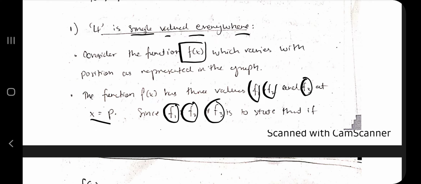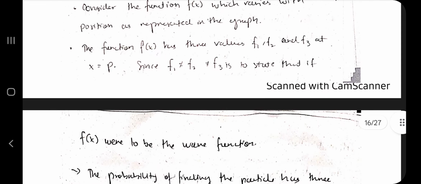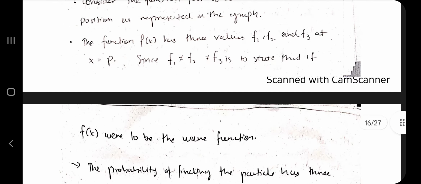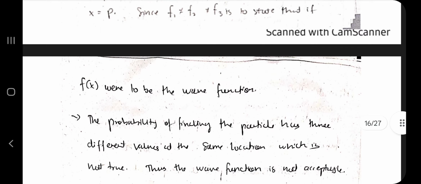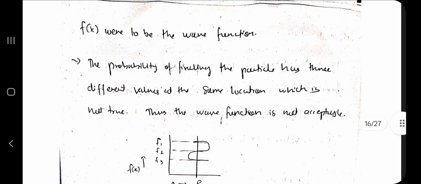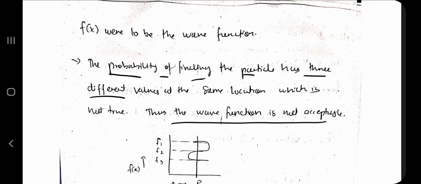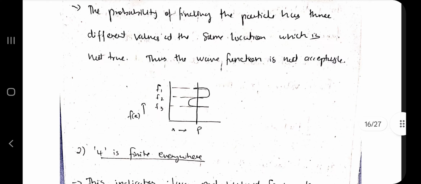These values should be the same, but they cannot be, because they are different. So that's the contradiction, and this wave function is not acceptable. The probability of finding the particle would have 3 different values at the same location, which is not true. The graph will look like this: 3 different values at the same location, which is not possible.